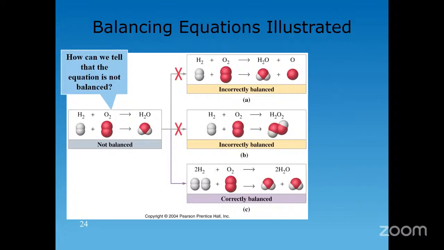If you remember, I think it was last chapter or the chapter before, the law of conservation of mass says that no material is lost or gained in a chemical reaction, or that matter is neither created nor destroyed. That's another way of expressing it, right?